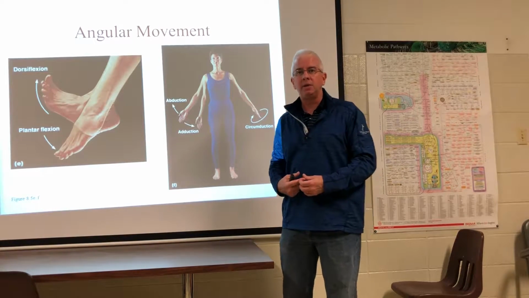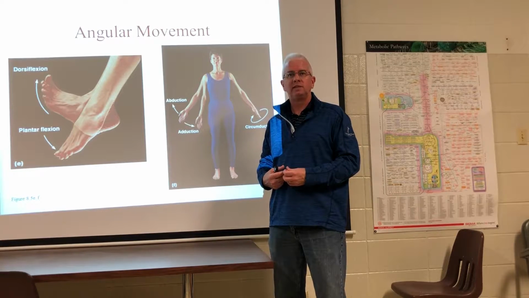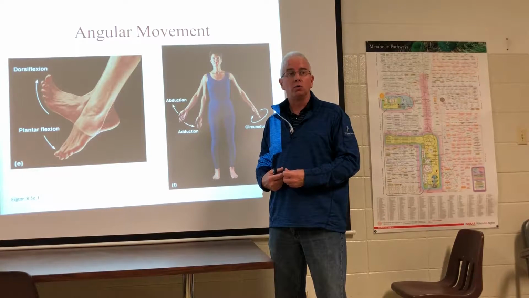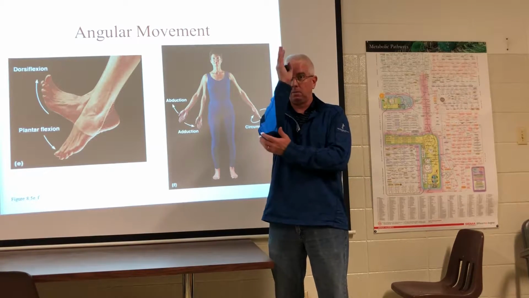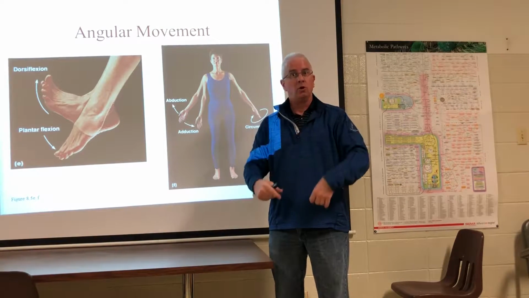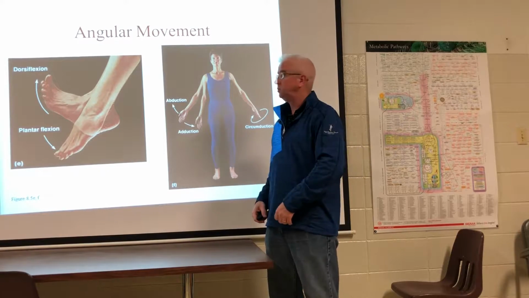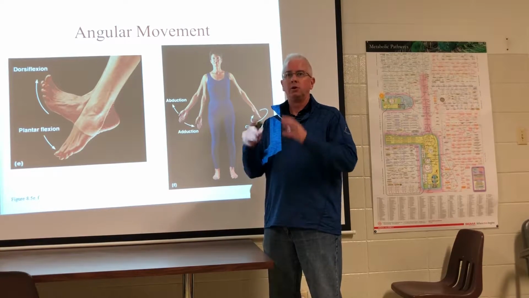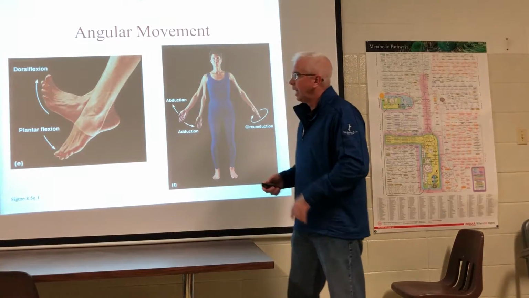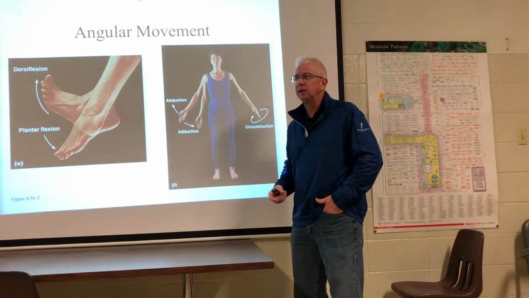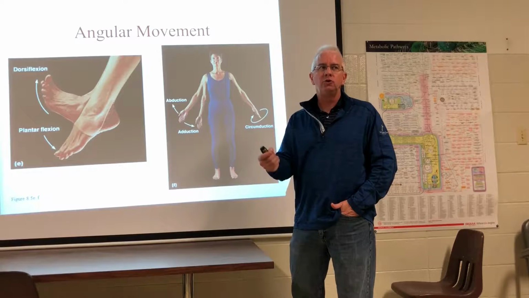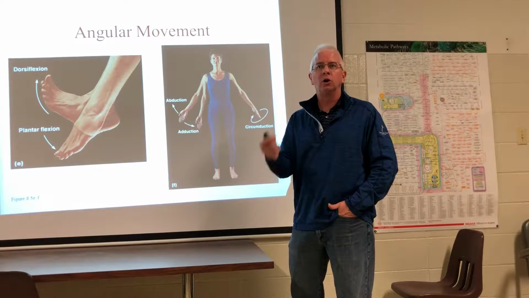To rotate means to twist in a barrel. No cone, twist in a barrel. You don't get to move about, yes? You're rotating, twist in a barrel. You're not creating any cones here. And supination and pronation is unique to the radial ulnar articulation.